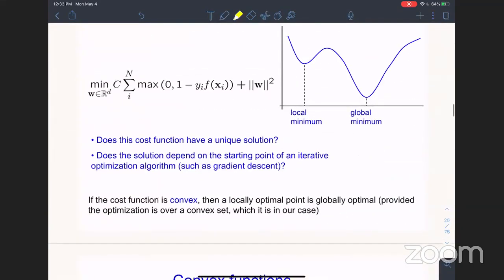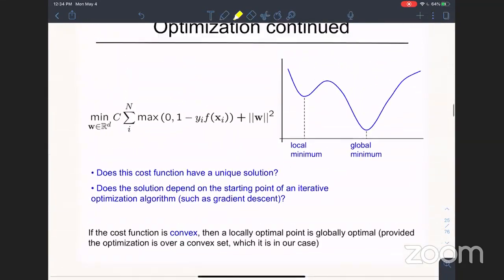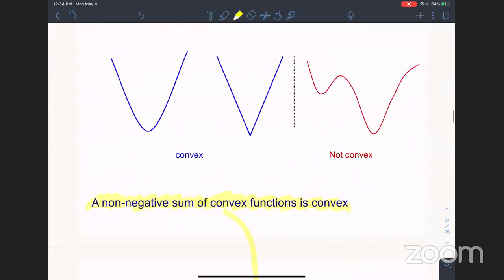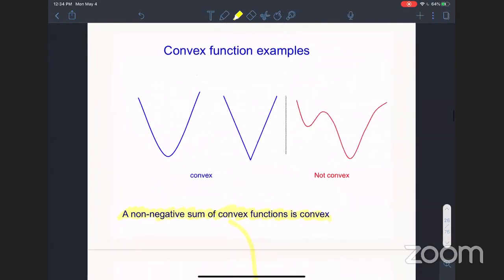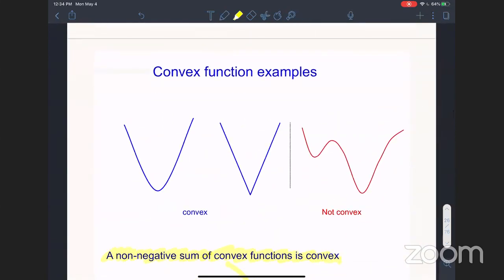Jyoti, should we take this tomorrow? I can quickly go over this. It's nothing much. I'm going to stop before kernel methods. Now what has happened, folks? We have W square, which is a quadratic curvature, and then the hinge loss.